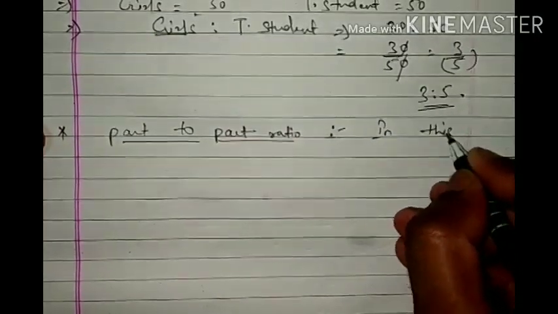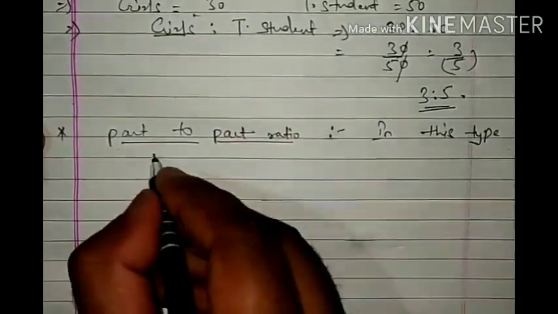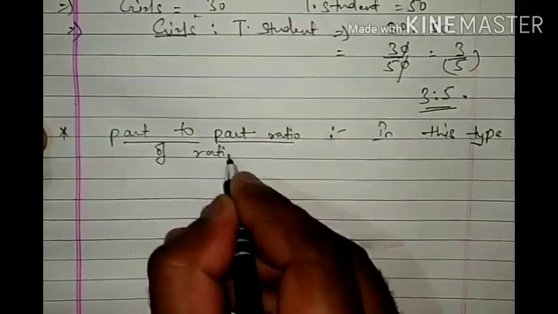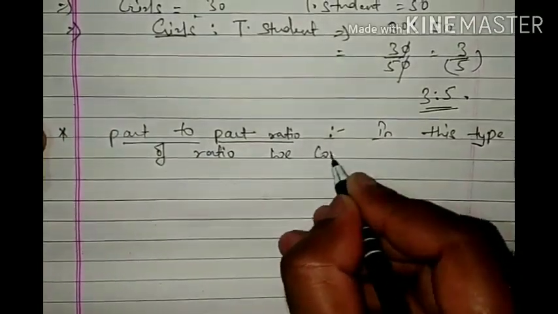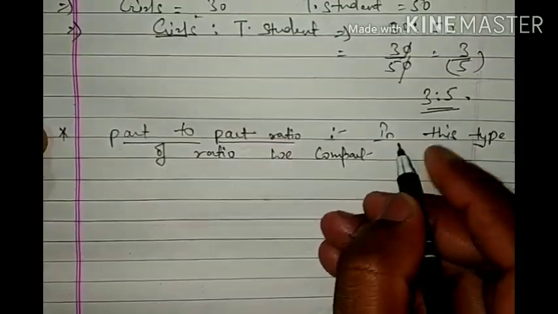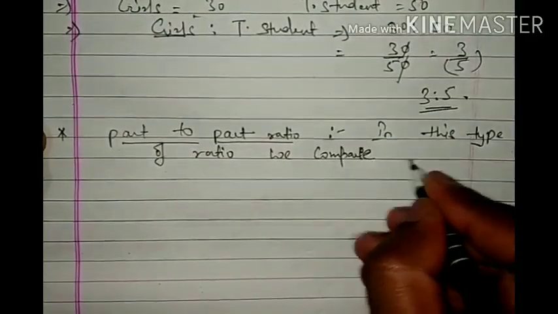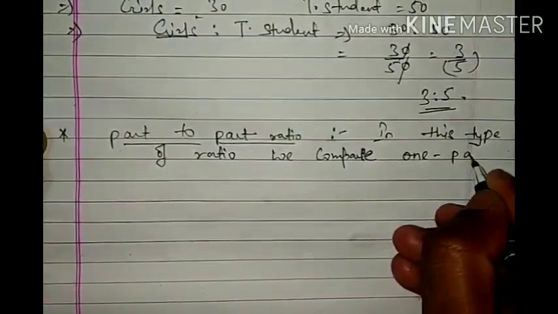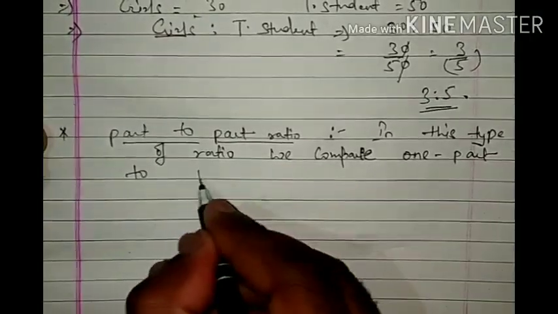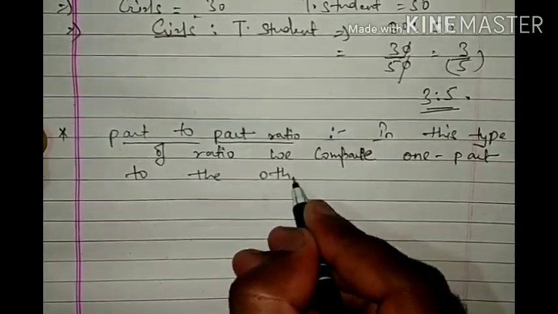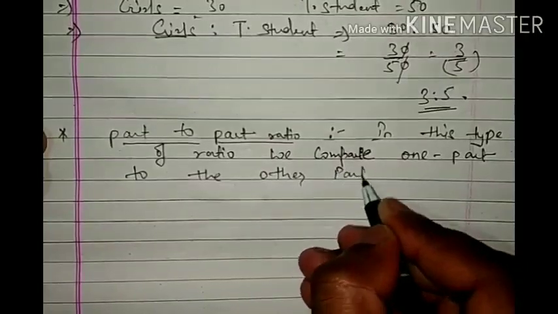In this type of ratio, we compare one part to the other part.